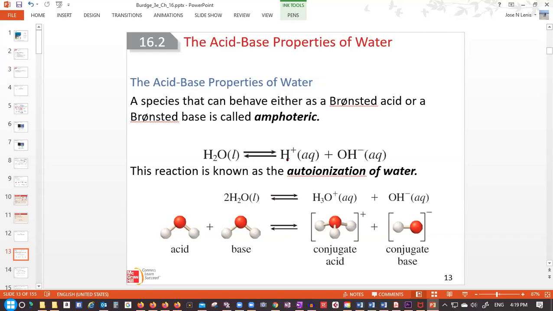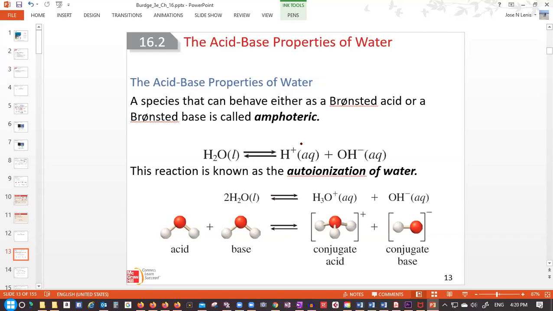Remember, the species H plus doesn't exist. It can be observed only in the gas phase and at low pressures.